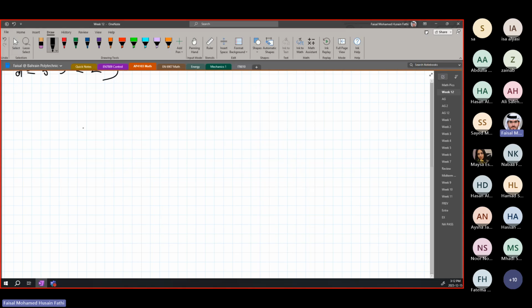Mainly, all you need to know is this equation, which is an is equal to a1 plus n minus 1 times d.